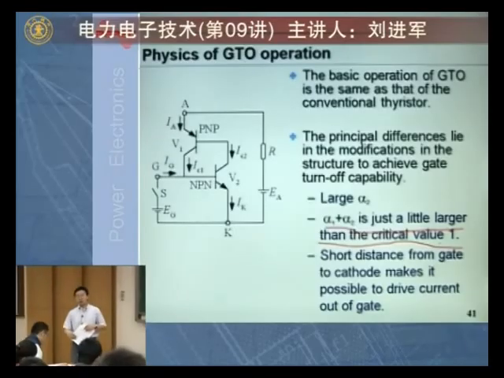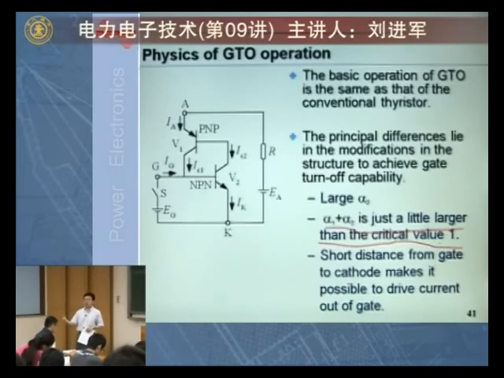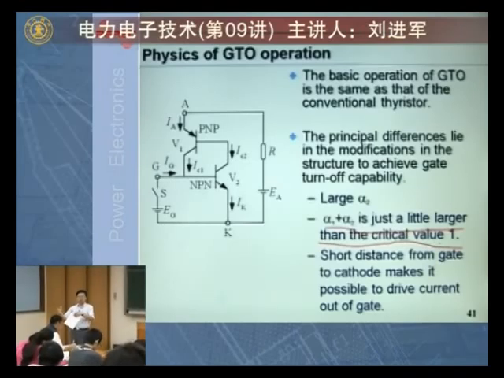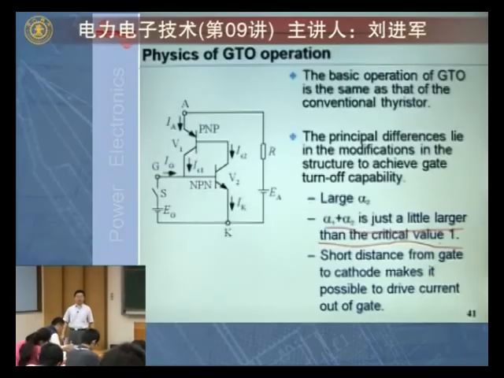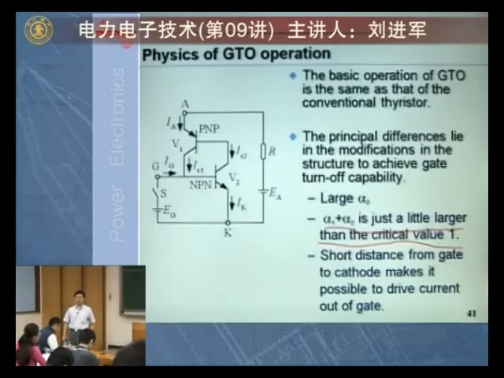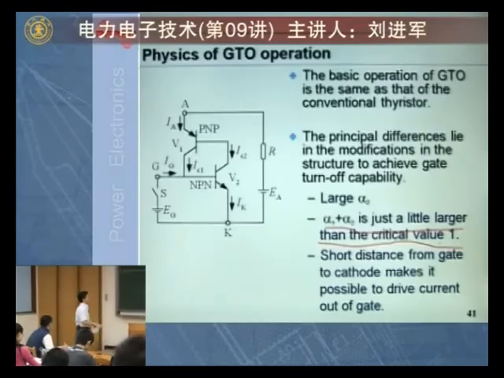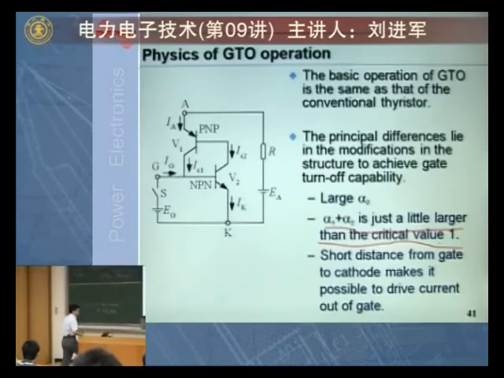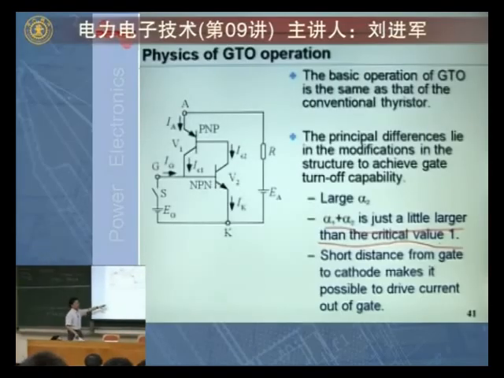And therefore, when we turn it off, it is easier to drag these two transistors back from the saturation state to the cutoff state. In general, this process is very complicated.